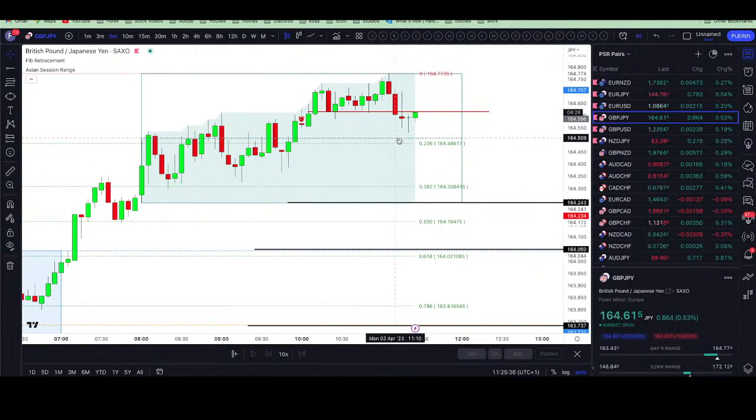This is the London mid-range here. So if we're not seeing a break below there, then there's a higher chance that the trade will reject and fake out and not do what we want it to. Yep, we're seeing a push back up.